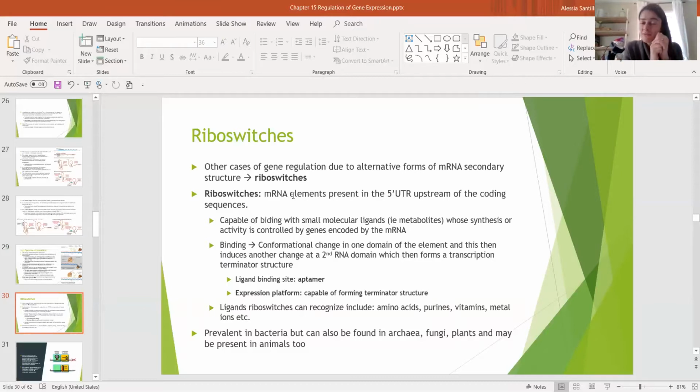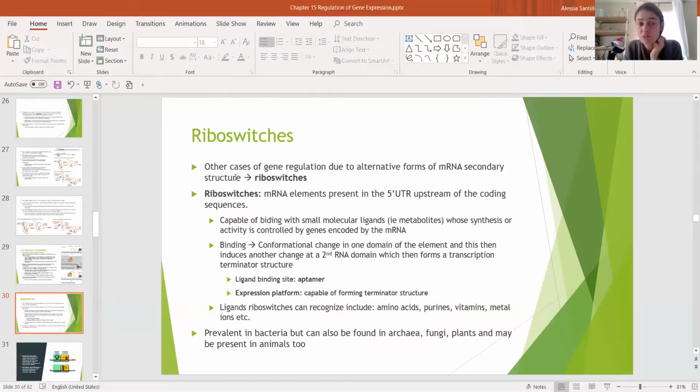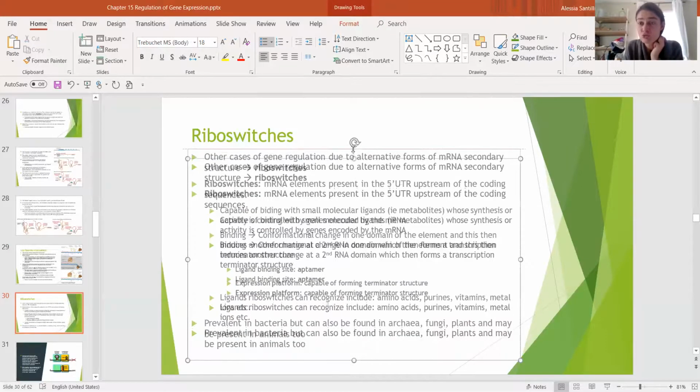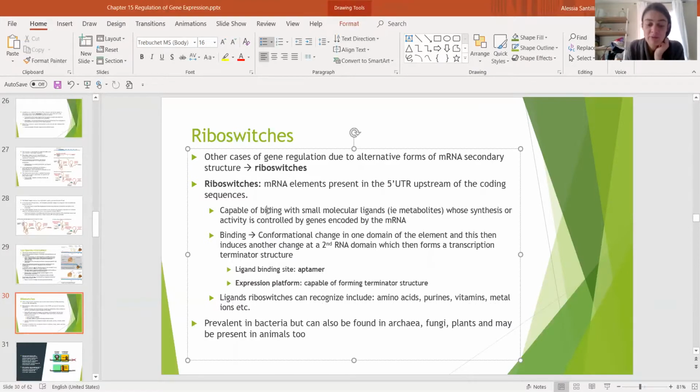But in the 5' untranslated region, which is essentially the leader sequence, we have sequences of these mRNA elements called riboswitches, which can be turned on or off. And depending on whether they're on or off, they assume different kinds of secondary mRNA structures. So they make different kinds of loops, right? These guys are capable of binding with small molecular ligands.